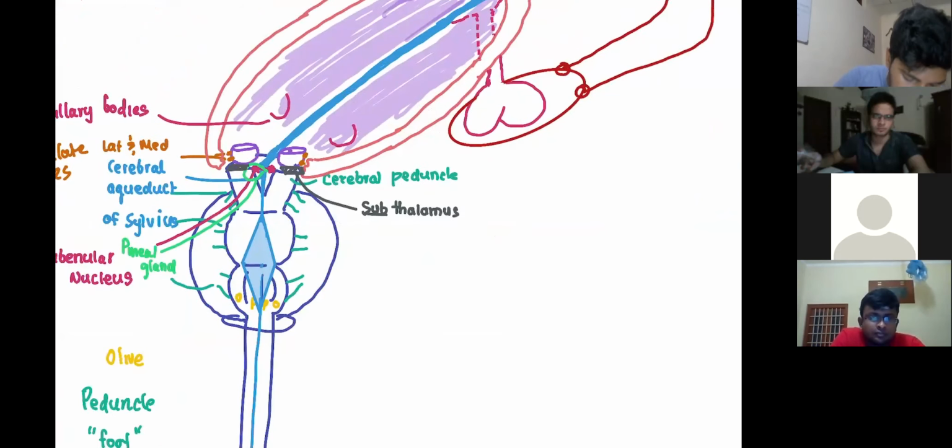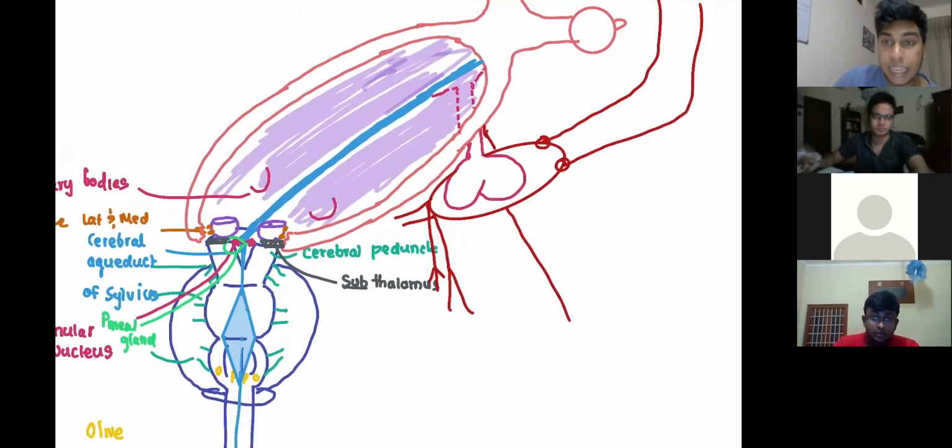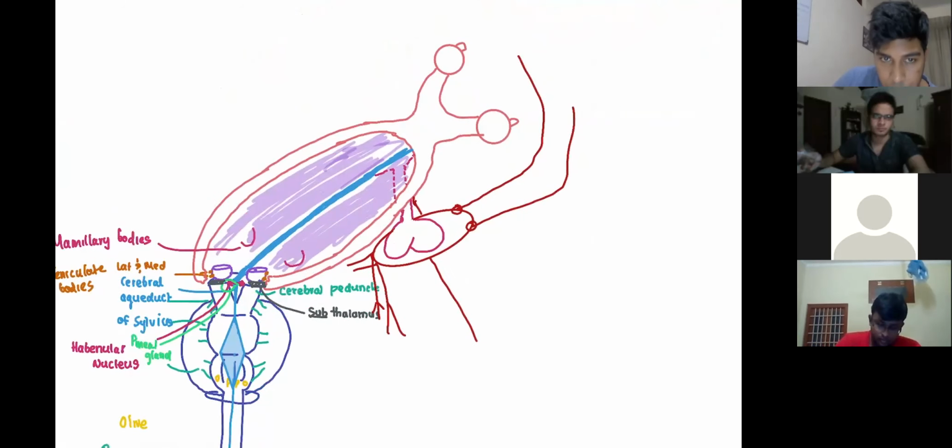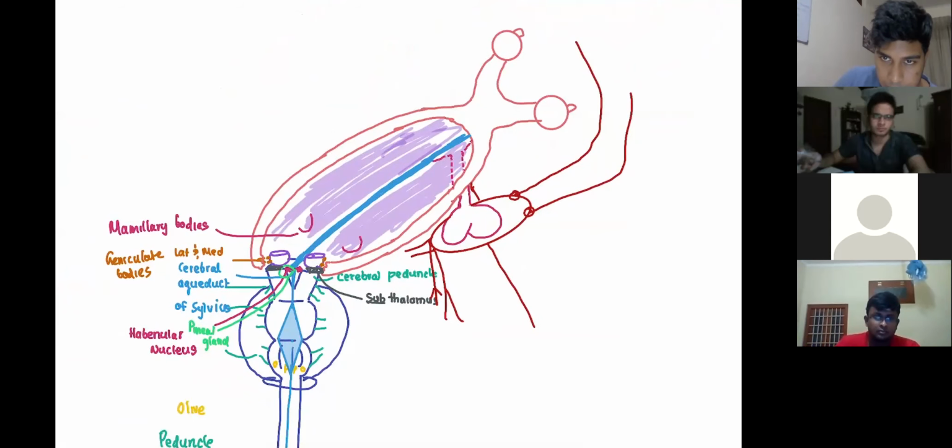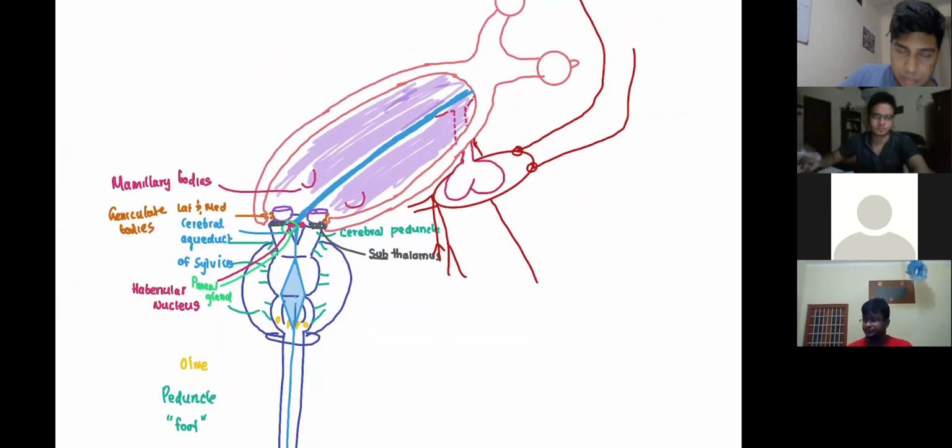So basically, the circle of Willis is located like this. This is going to be our main discussion today, the circle of Willis. Don't worry, we will draw diagrams to properly understand this. But for now, I need you to understand how the circle of Willis is located. It is below the pituitary. It's like with the pituitary, basically.